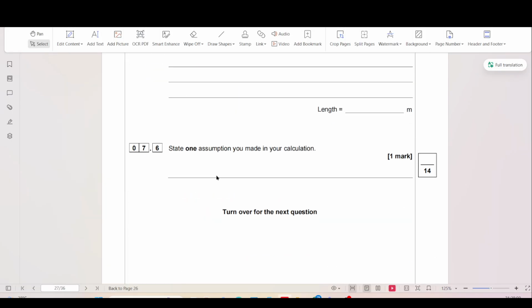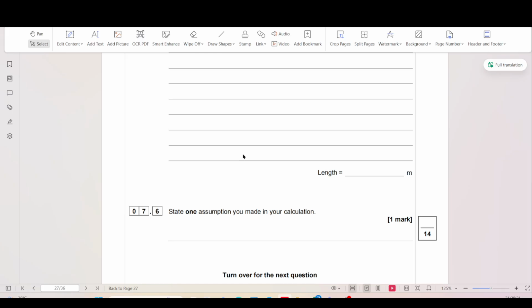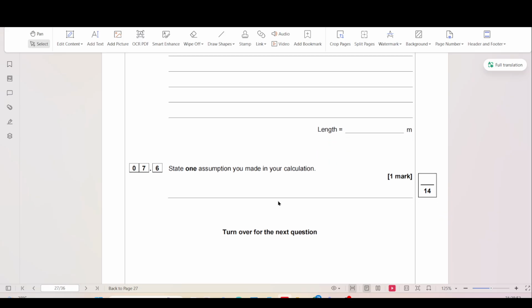We assume that the angle between force and the magnetic field is 90 degrees, which makes it into one, and that's why we didn't use sine theta and cos theta.